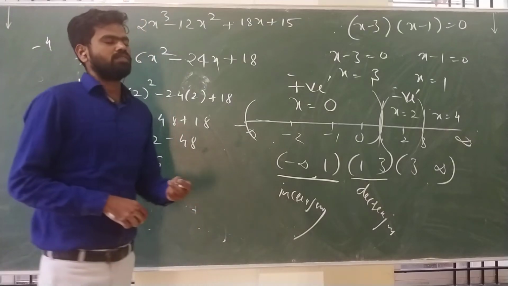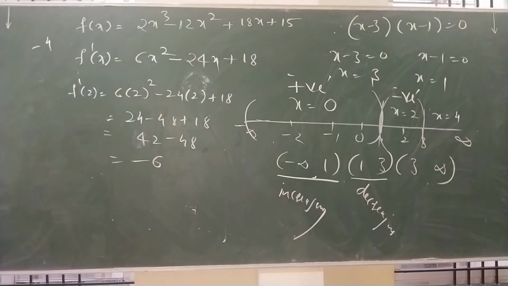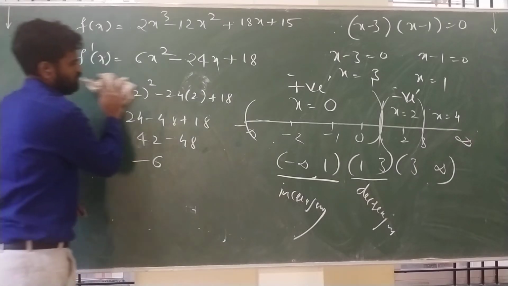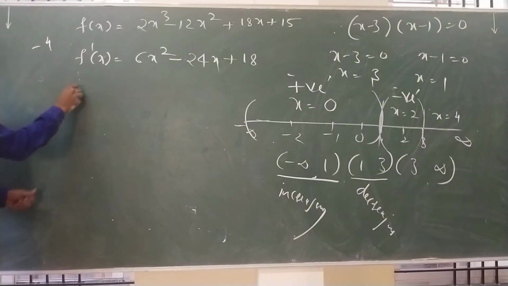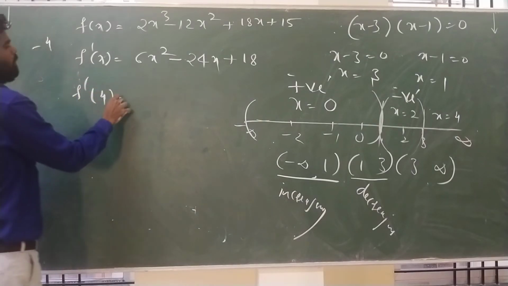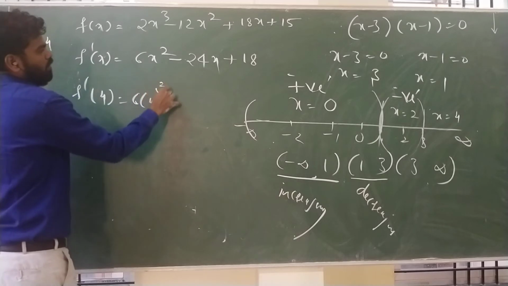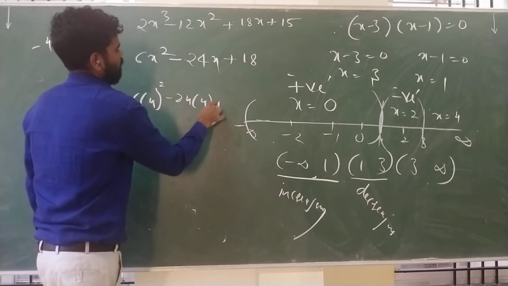Next the third one, x equal to 4 ಹಾಕಿದ್ರೆ ಏನು ಬರುತ್ತೆ, x equal to 4. So f dash of 4. So 6 into 4 square minus 24 into 4 plus 18.